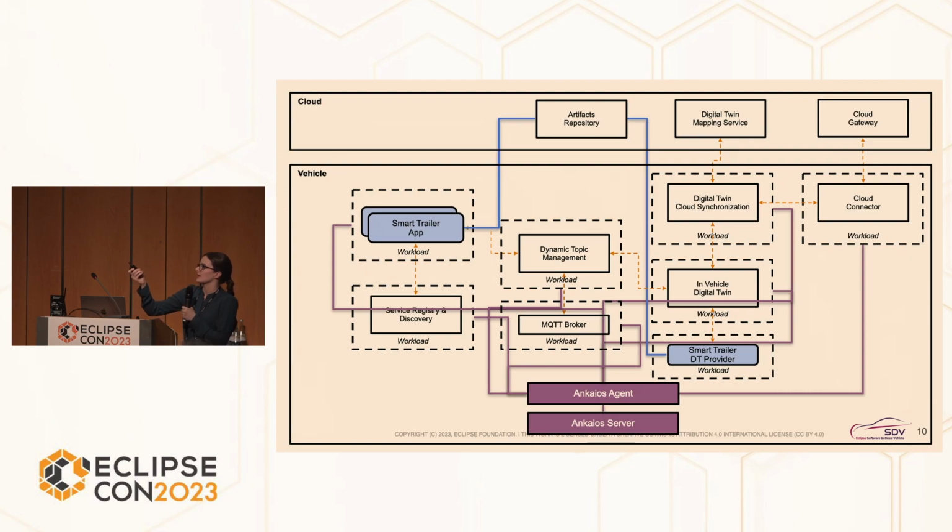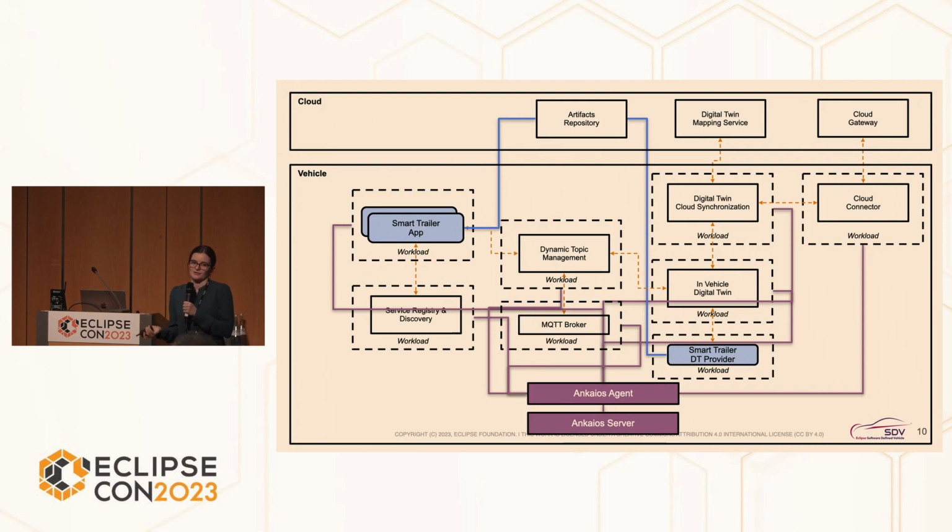So if we start in the top left, we have our smart trailer app. And this application will consume one or more signals from our trailer. And in a simple case, could consume something like a weight property, and then display to the user that a smart trailer has been attached with this weight.